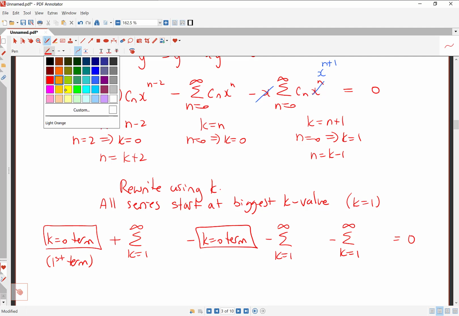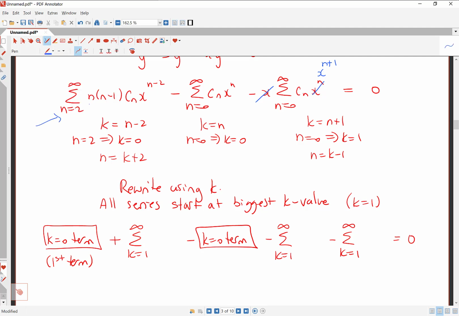So if we look back here, yes, the series is written in terms of n right now, but if we just sub in that first n value, n equals 2, into that series, that's going to tell us what that first term is. And we've already said that n equals 2 is equivalent to k equals 0. So whether you think of that as the k equals 0 term, or the n equals 2 term, it's just the first term in the series. So let's sub in n equals 2 and see what happens.